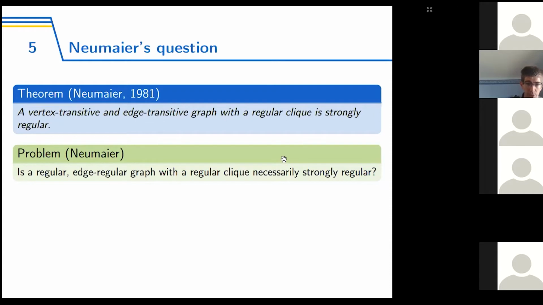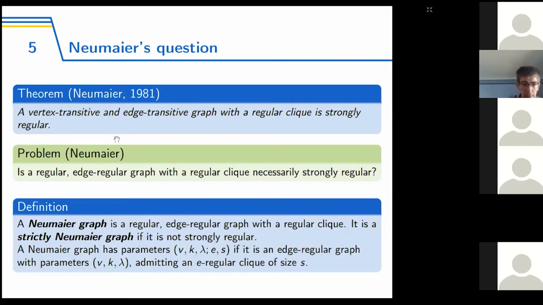So are regular edge-regular graphs with a regular clique necessarily strongly regular? In his honor, both the theorem and the question, we call such a graph a Neumaier graph. And if it is indeed not strongly regular, we call it a strictly Neumaier graph.